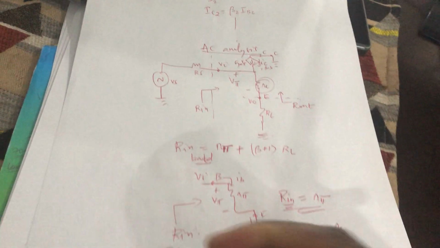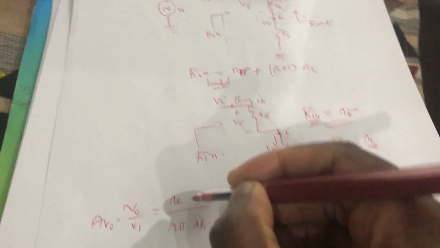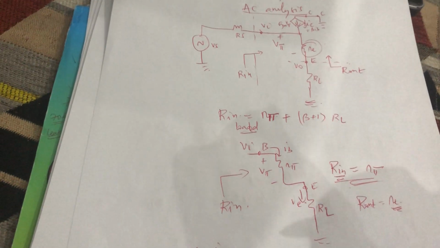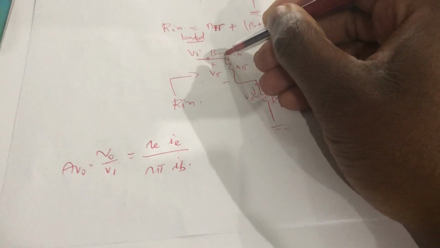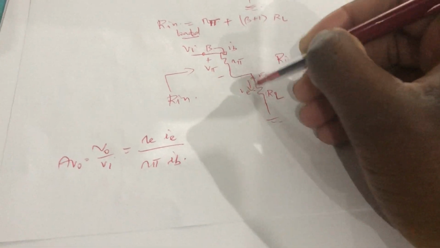Without considering RL, you would get RE IE, because IE is the current flowing there. Now IB is flowing this way, IE is flowing this way, they're flowing in the same direction, so that justifies the fact that the gain is positive.